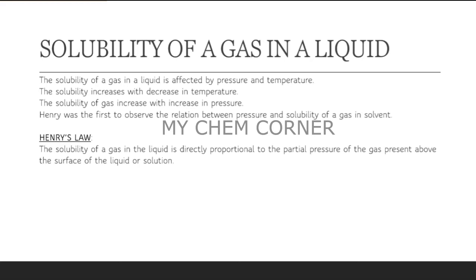When you look at the liquid, on the surface you will have gas molecules, and those gas molecules will exert some partial pressure. Depending on that partial pressure, solubility is directly proportional, which means as the partial pressure of that gas increases, the solubility of the gas will also start increasing.